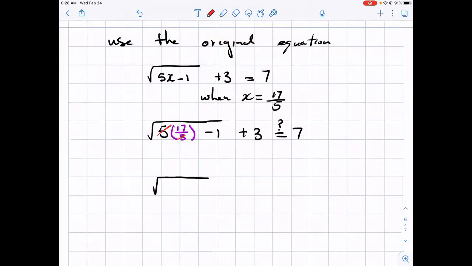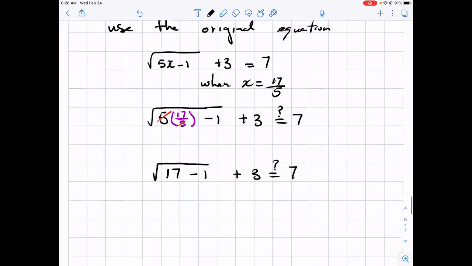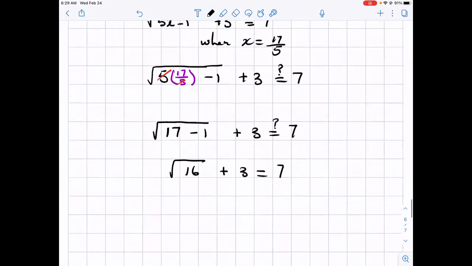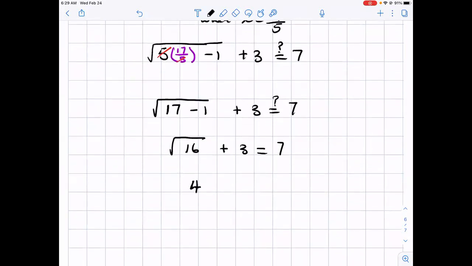So this leaves us with 17 minus 1. And we write a plus 3, and is that equal to 7? So 17 minus 1 in the radical becomes 16. And the root of 16 is 4.